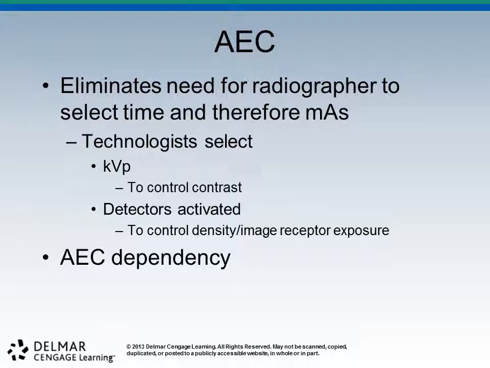This is one of the timers. When you set a manual technique, you're telling it, I want 1/10 at so much, and at 1/10 of a second it's going to terminate. When you select the AEC, it's going to terminate when it reaches that predetermined amount of exposure that's already been programmed into it, or when ionization occurs inside that chamber, and I'll explain that in just a second.